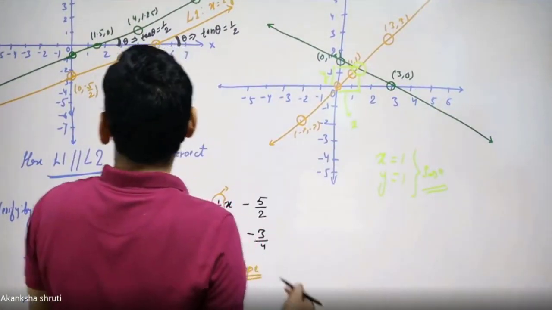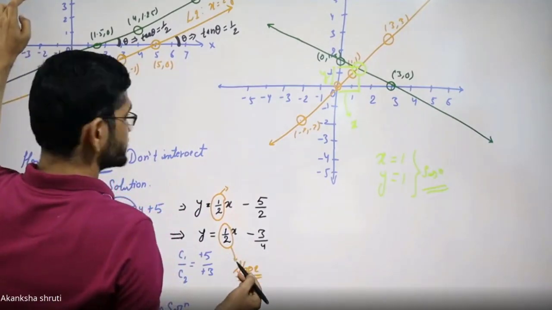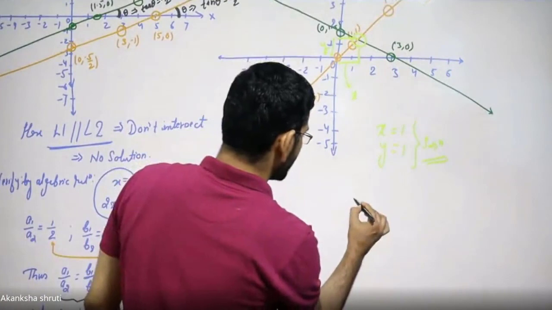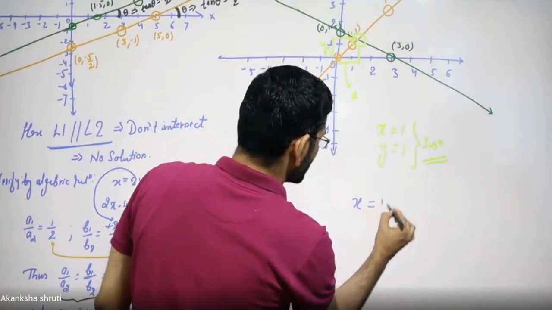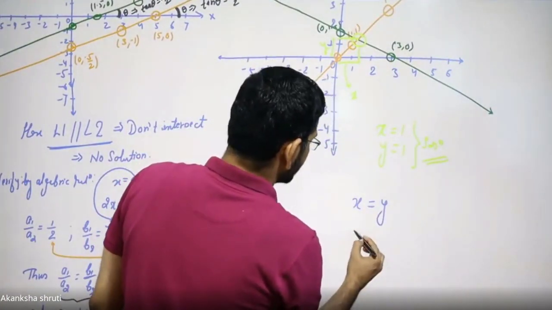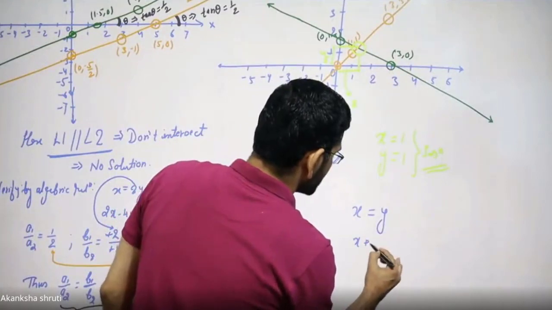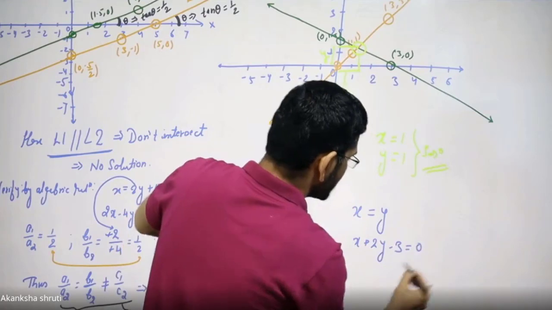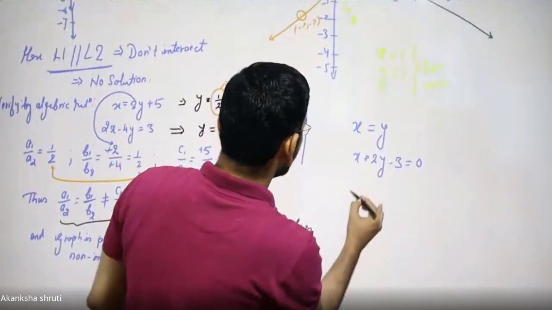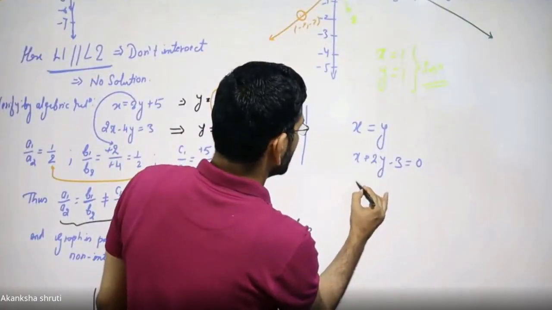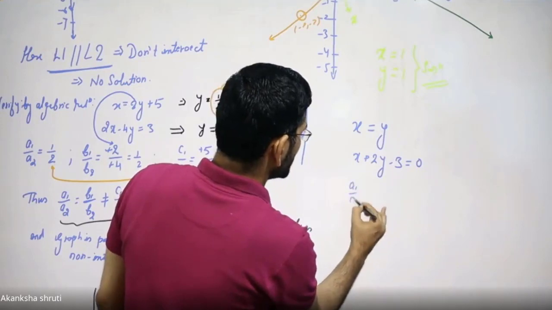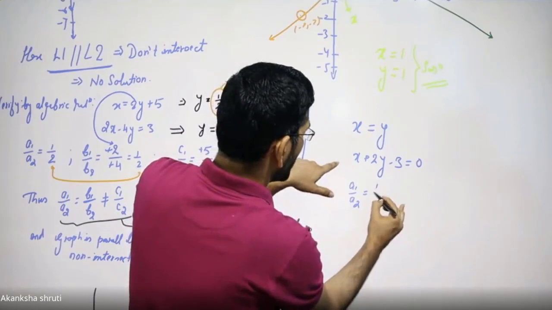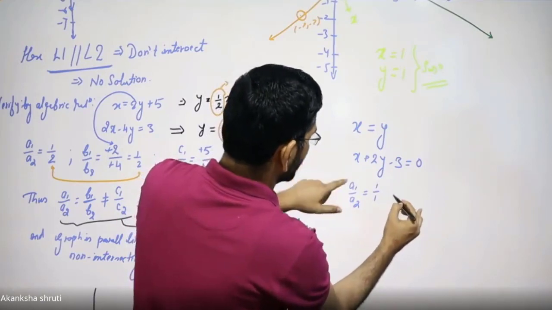In this case, students, if you observe the algebraic relation, rewrite the equation. One was x is equals to y, another was x plus 2y minus 3 is equals to 0. In this case, we have a1 by a2, coefficient of x, 1 by 1, means it is 1.